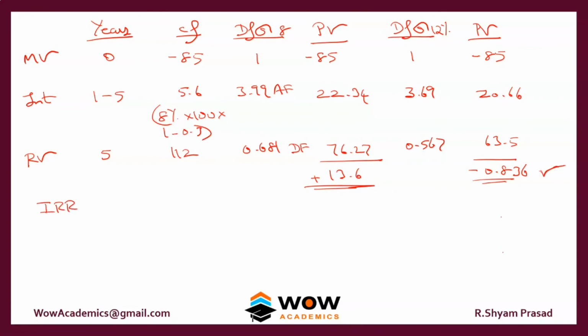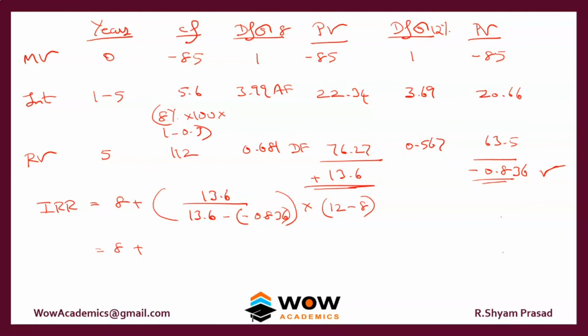So IRR will be the low discount factor 8% plus the NPV at the lower discount factor, which is 13.6, divided by NPV at lower discount factor 13.6 minus, then we have a minus of 0.836. Okay, this into the difference between the high discount factor minus the low discount factor. So we'll try to solve the number here.